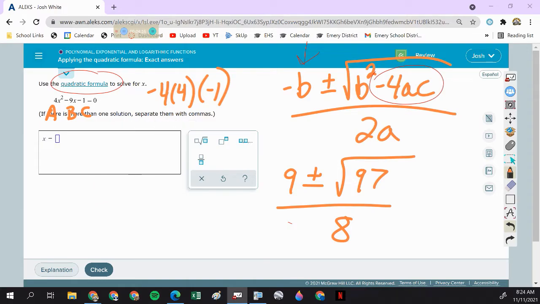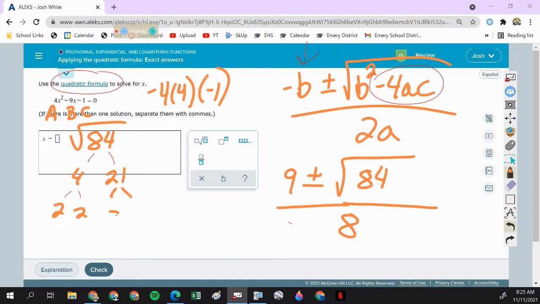But what if instead of 97 we had 84? How do you simplify the square root of 84? So we factor it. So 4 and 21, 2 and 2, 3 and 7. Does anything come out?